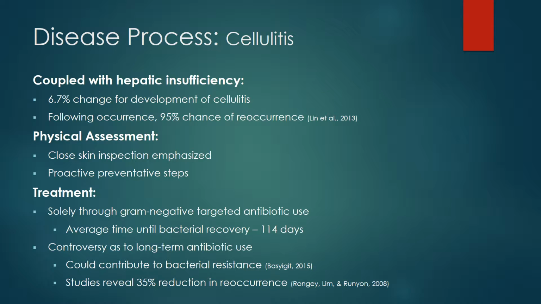So it's very important as a practitioner to pay very close attention to the physical assessment of the lower limbs, feet, and ankles for the presence of cellulitis, and to be proactive in trying to prevent some of the contributing factors towards the development of cellulitis.